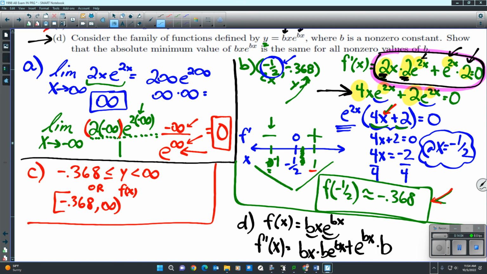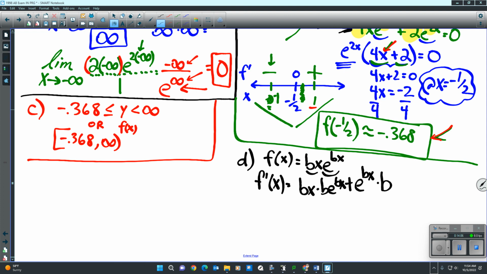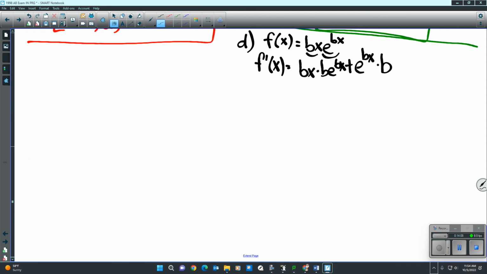Okay, let's get some space here. All right, so b times b is b squared. We have our x, e to the bx, plus b times e to the bx. All right, that's our derivative cleaned up.